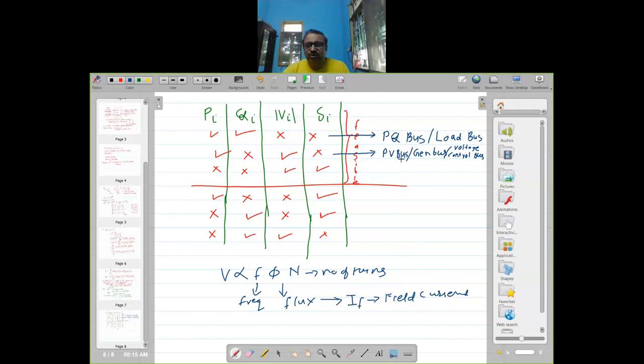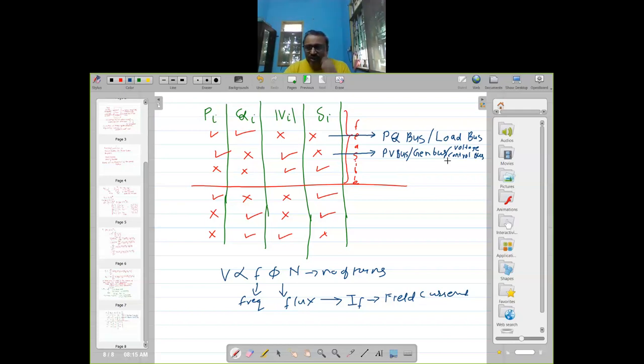So this is called a PV bus or a generator bus, because generally at the generator bus these functionalities are available. Also it is called a voltage control bus. This voltage control bus is typically the bus where we don't have a generator, but we have certain capacitance or inductance unit attached to it. So we can control the voltage of that bus by switching on the capacitance or inductance. If you switch on the capacitance, you will get a rise in voltage.